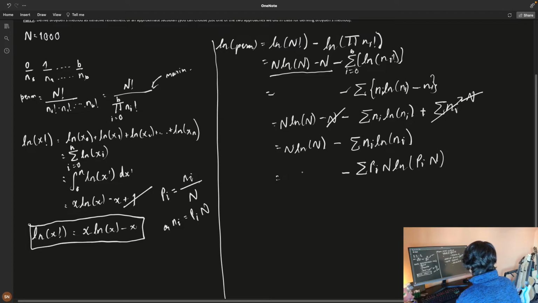What we can do from here is the summation of pi n, and this would simply be ln of pi plus ln of n. And then from here what we can do is separate these two out.